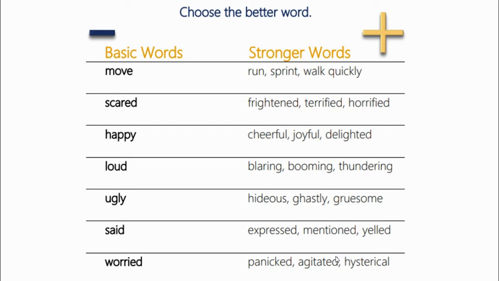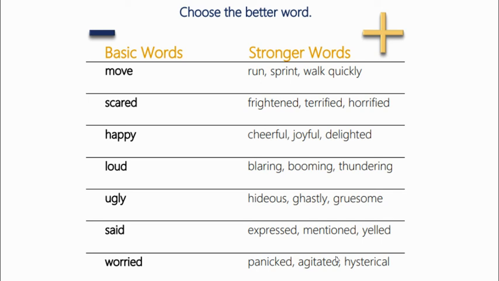The word ugly: hideous, ghastly, or gruesome. Our favorite word that we use so much, said: expressed, mentioned, yelled. The word worried: panicked, agitated, or hysterical. So these are some of the words that we can use to replace those basic words that we continuously use.